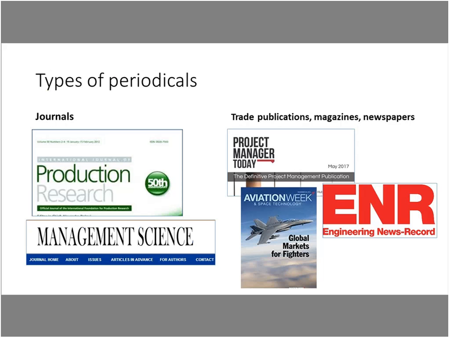So the first concept that we want to talk about is types of periodicals. There are three major types of periodicals. There are journals, there are trade publications, and then there are popular or business magazines and newspapers. We put those popular magazines and newspapers together in the same category.